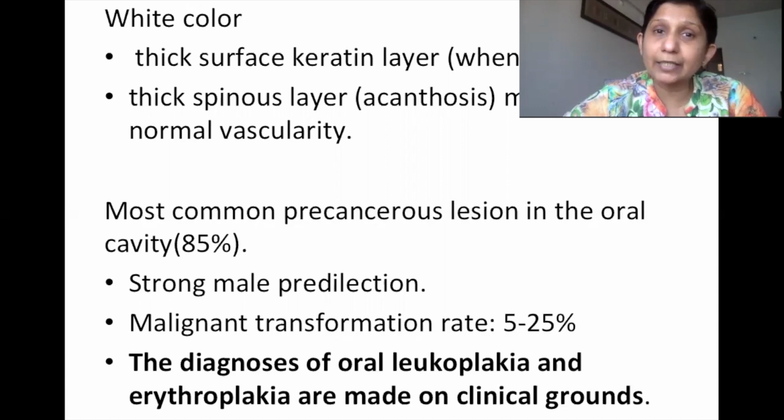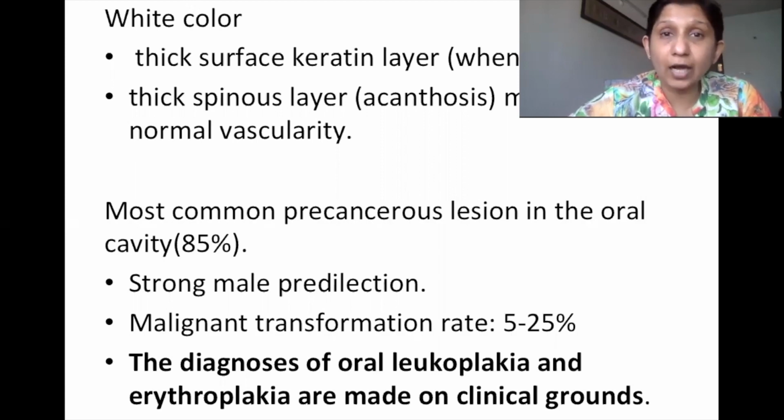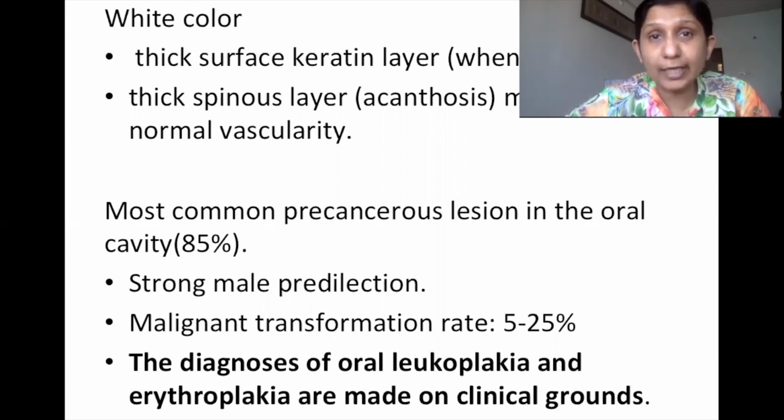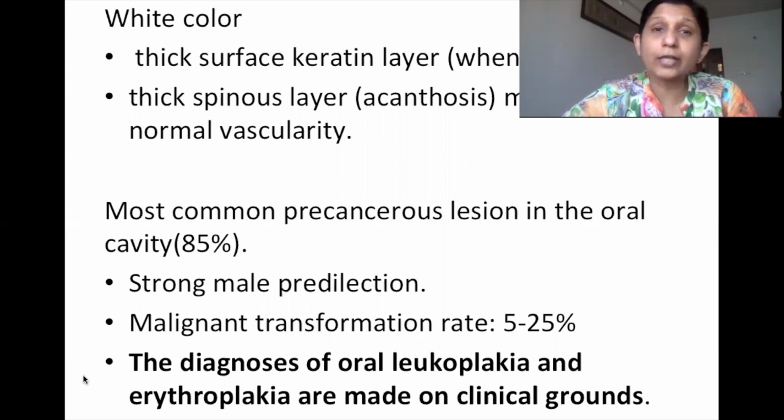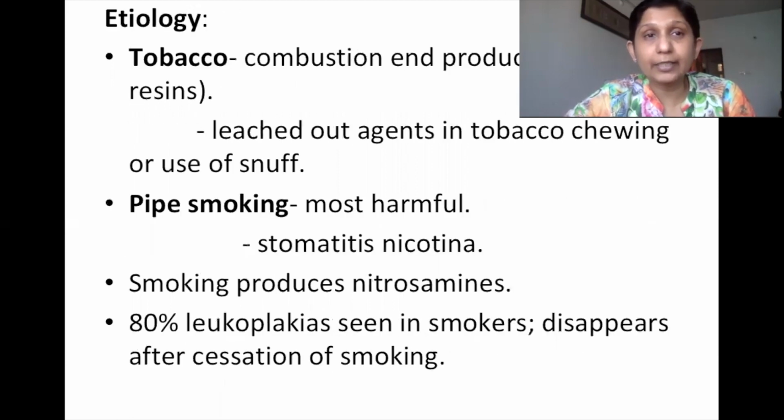Then you have a malignant transformation rate ranging from 5 to 25%, which is actually quite high, because if it is 25%, it means that among 100 people having leukoplakia, 25 of them would go into cancer. The diagnosis of oral leukoplakia and erythroplakia are made on clinical grounds. So the words leukoplakia and erythroplakia are both clinical in nature.